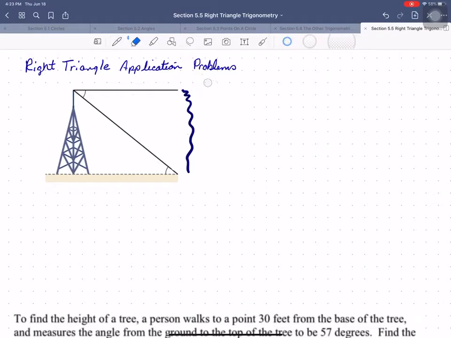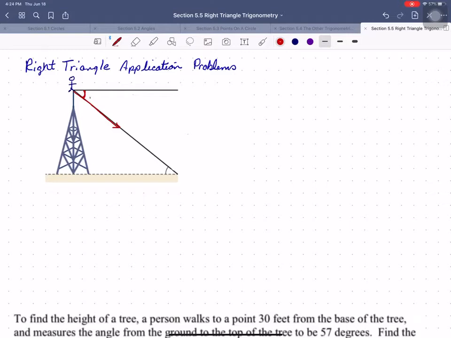Okay, let's say we've got a guy standing on top of this, and he looks down. What he measures is this angle with the horizontal.